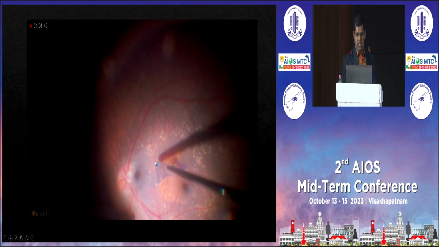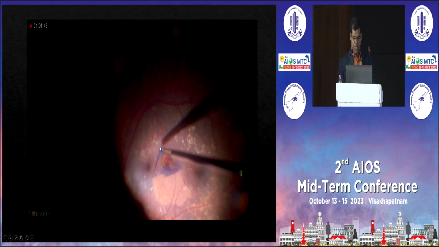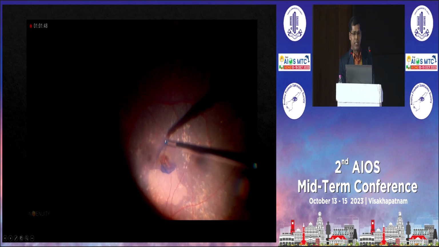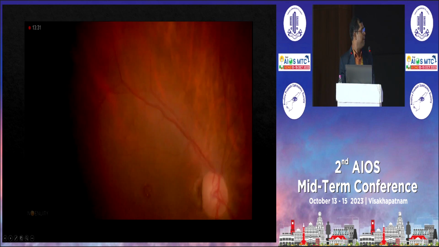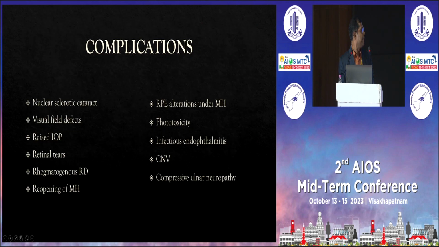In this, I most commonly prefer the inverted ILM flap technique, do a fluid air exchange and tamponade with 12 to 14% C3F8 gas. Complications we see are cataract, nuclear sclerotic cataract, visual field defect, and raised IOP.